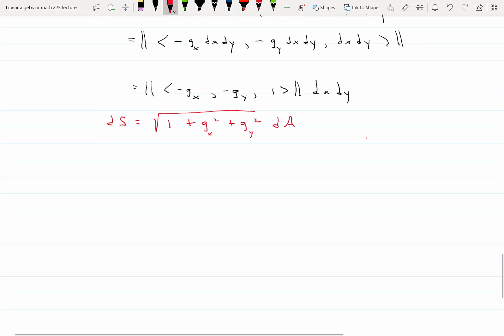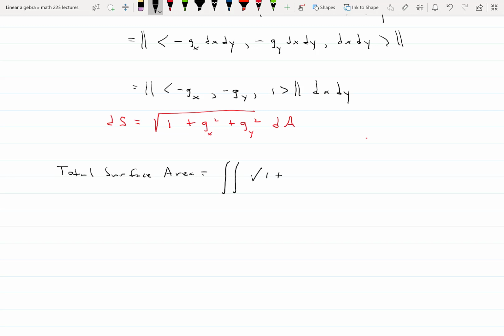Okay. So how do we get the total surface area? We add up all the little dS's. So the total surface area equals, we integrate, and this integral is a double integral. Why? Because the dA portion of our differential element of surface area is the dA that we have in our double integrals.